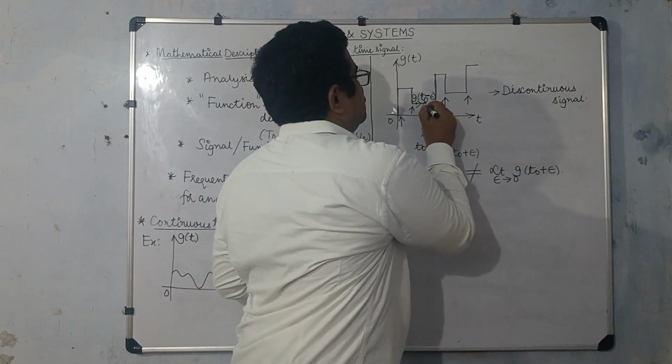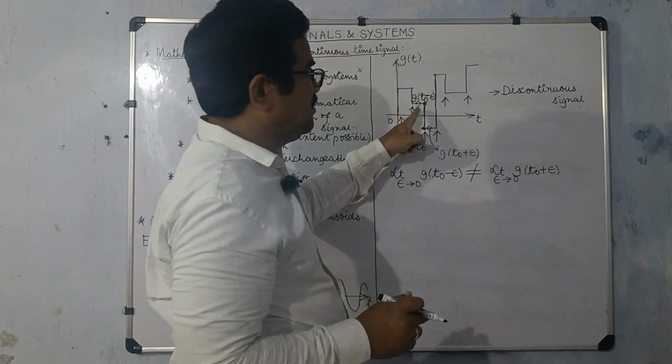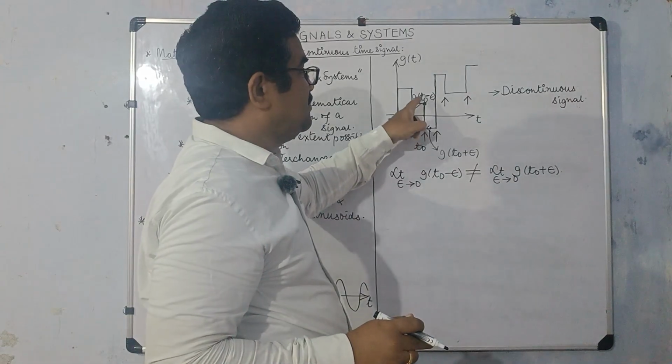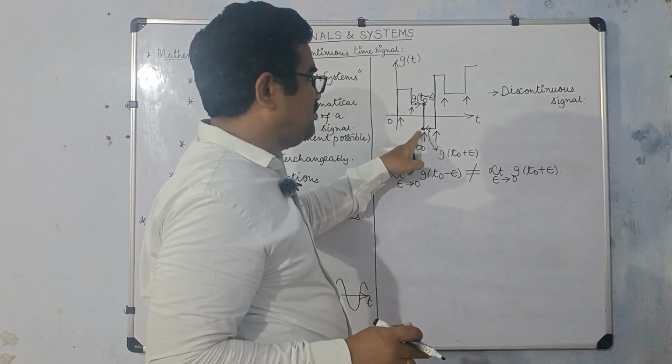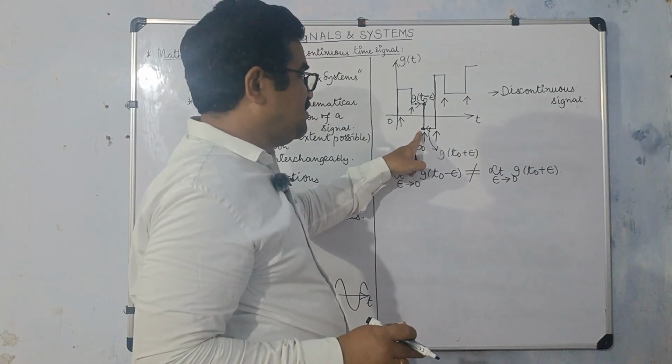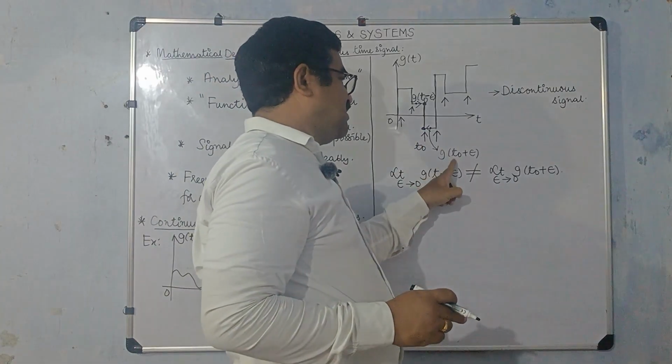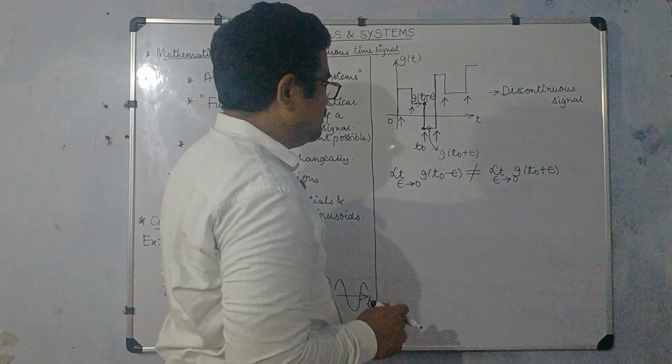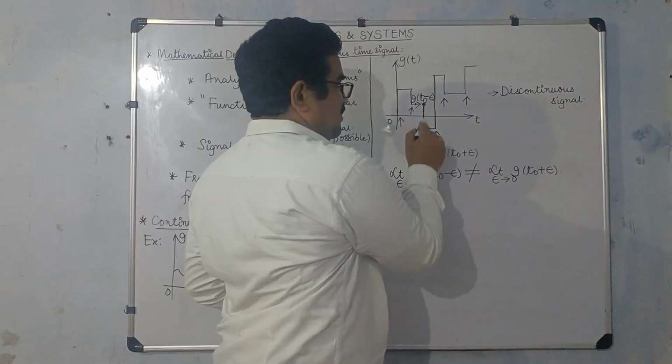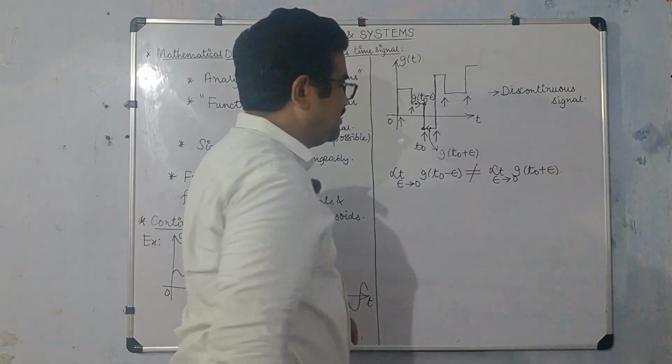Now these two values, limit epsilon tending to 0 of g of t naught minus epsilon and limit epsilon tending to 0 of g of t naught plus epsilon, are the amplitudes at this point, and they are not equal.